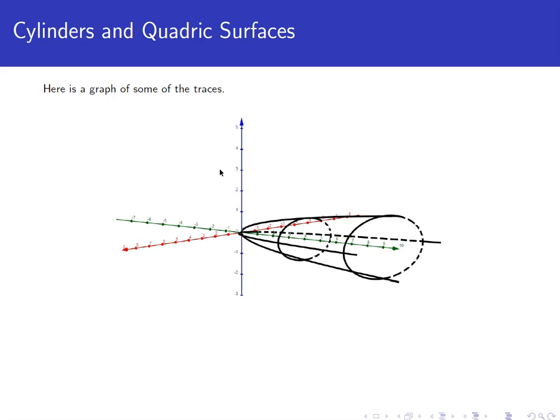So let's see if we do a graph of some of the traces here. All right, so this parabola here, the one at the bottom, going around and going up to the top, that was our y equals 4z squared. This one here, that's flat and then is dashed in the back, that was the y equals x squared.